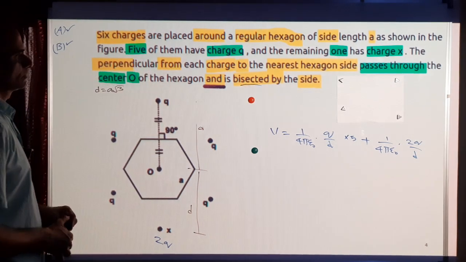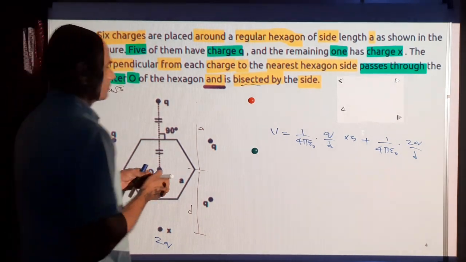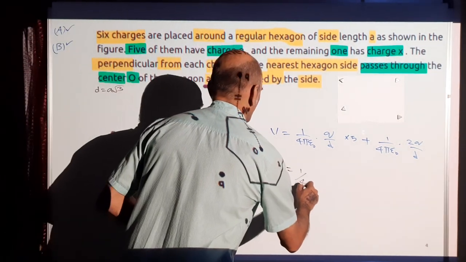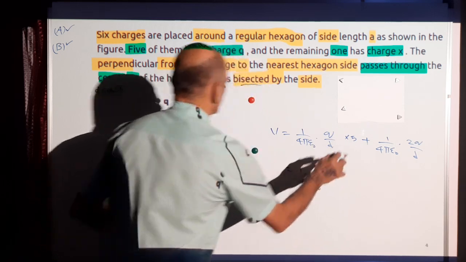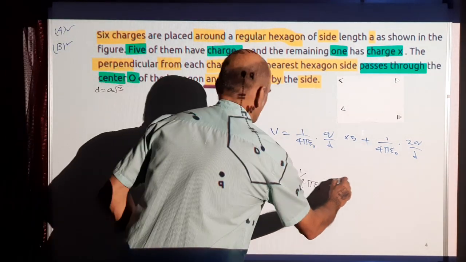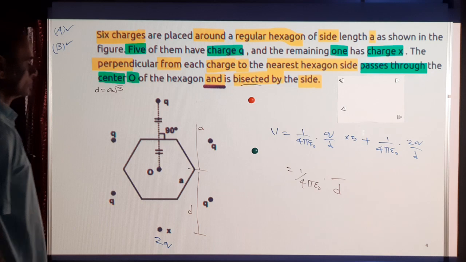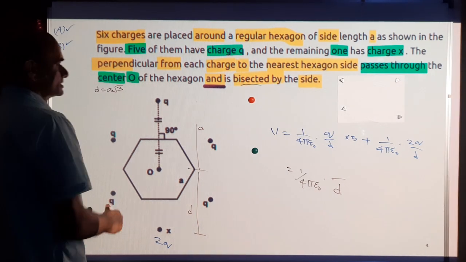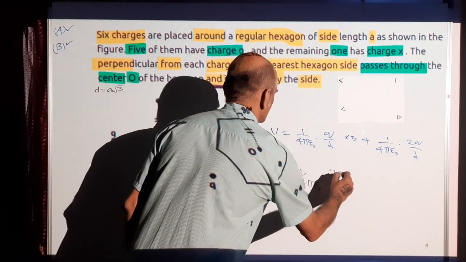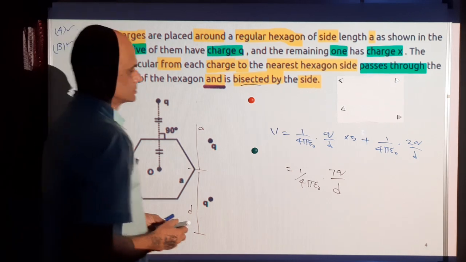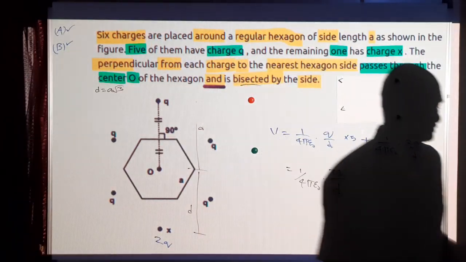So totally 7Q. So it's basically 1 by 4 pi epsilon naught into the total charge by the distance, because all charges are at the same distance D. And if you add up the individual charges, it will give the total charge, 7Q.